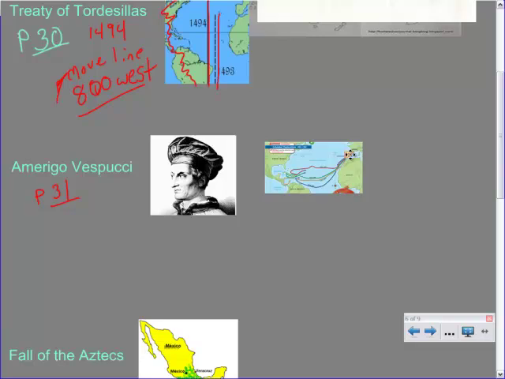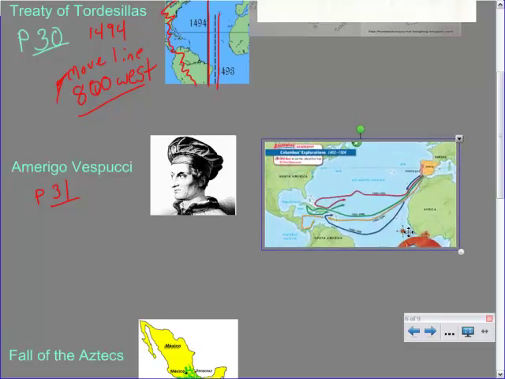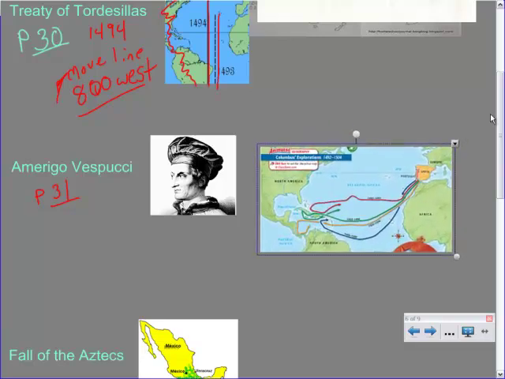If we look at this map again of Columbus's voyages, we will see that Columbus is credited a lot of times with discovering America, and he does discover this area of land, but if you will notice, he never actually lands on the mainland of America. On his fourth voyage, which is actually after Amerigo's voyage, he does land in Central America, but on his first one, he actually is only in these islands in the Caribbean.